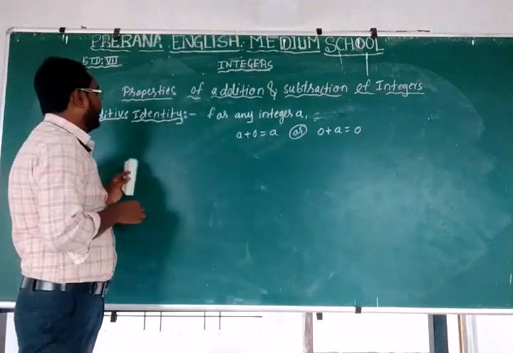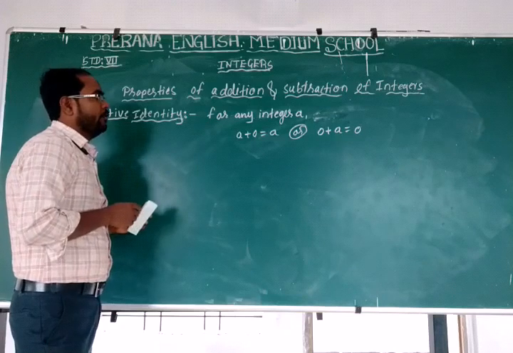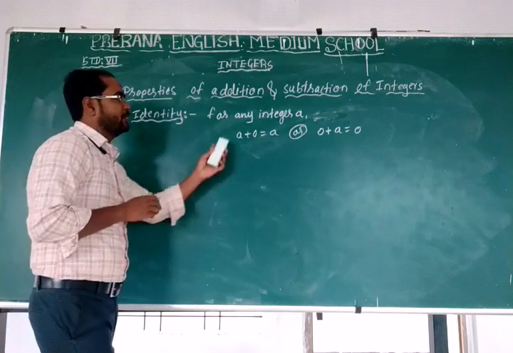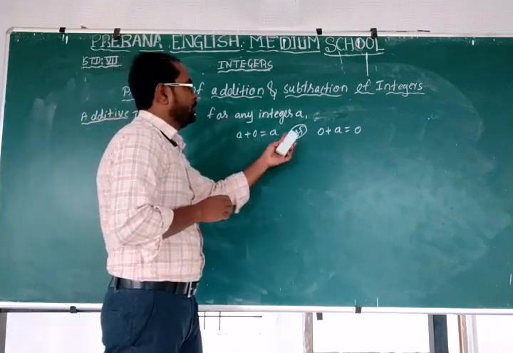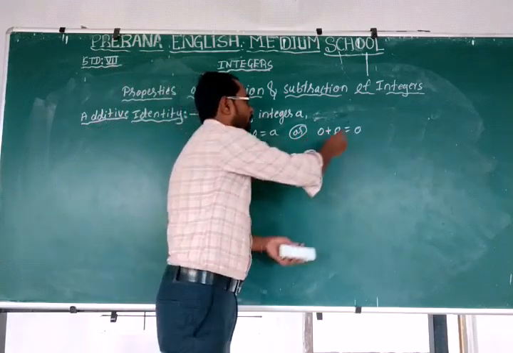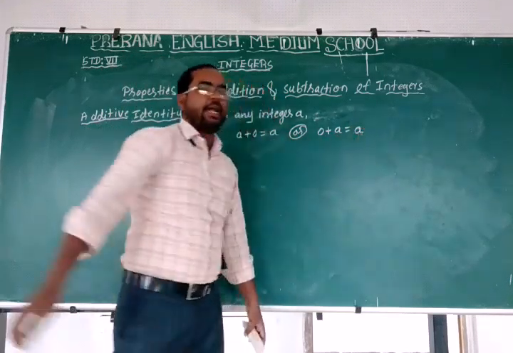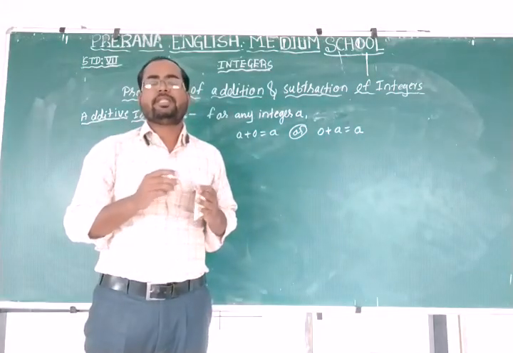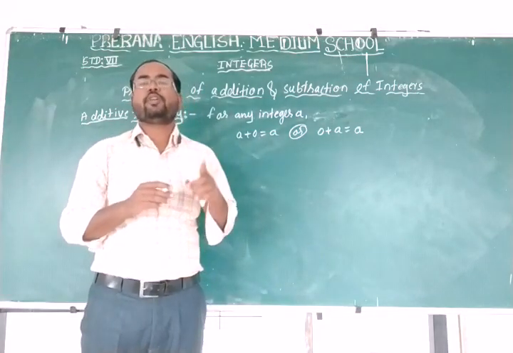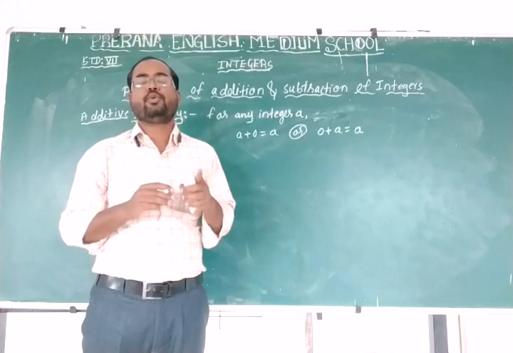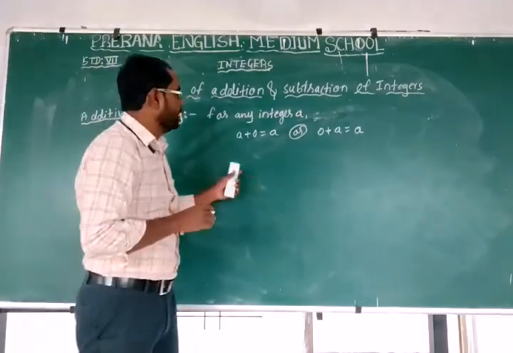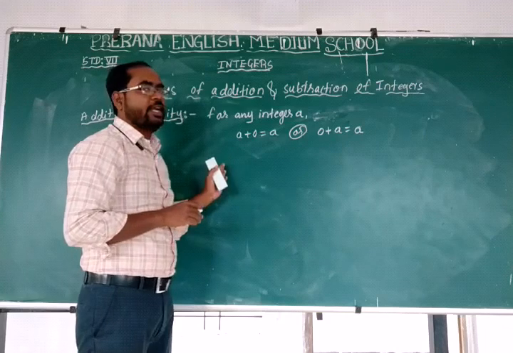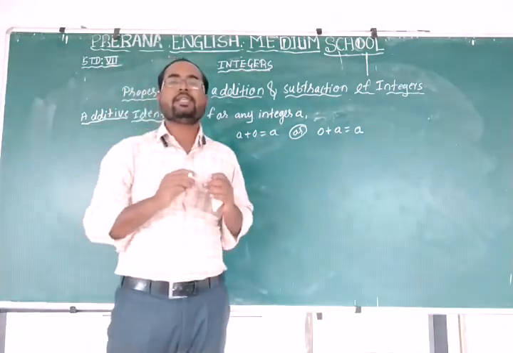See the next property, the additive identity. For any integer a, a plus 0 is equal to a, and 0 plus a is equal to a. If you add anything with 0, the sum remains the same. 1 plus 0 will be 1, 2 plus 0 will be 2, like that. So the additive identity is 0.